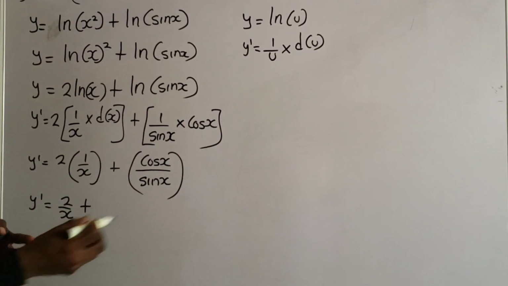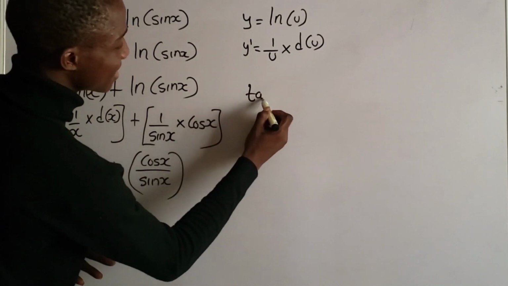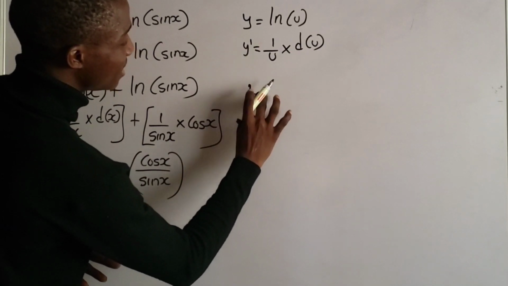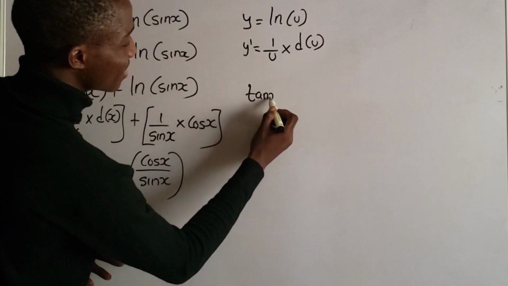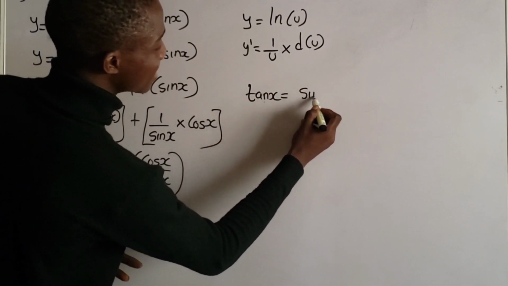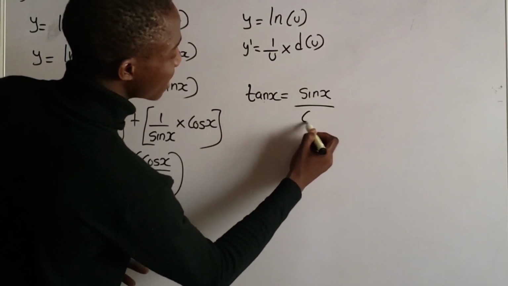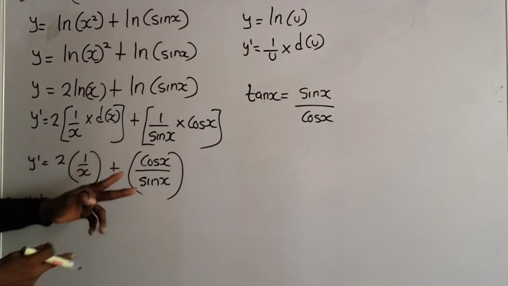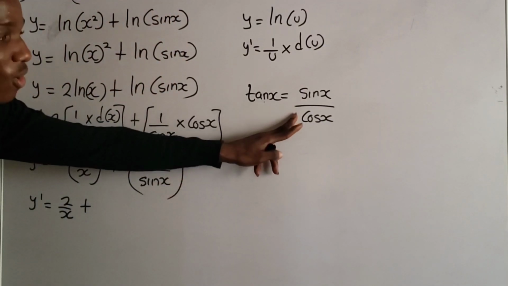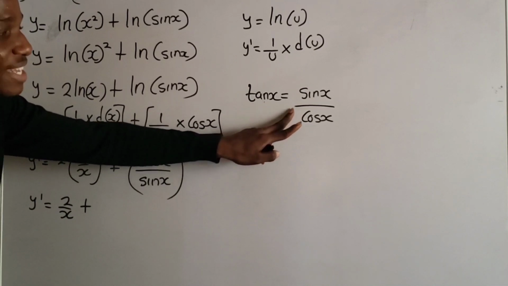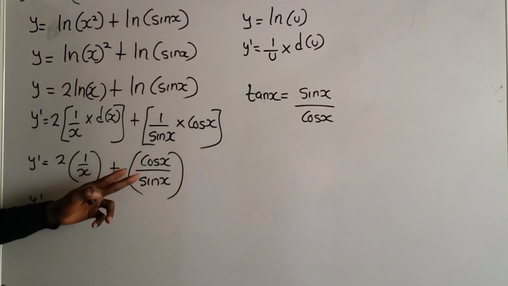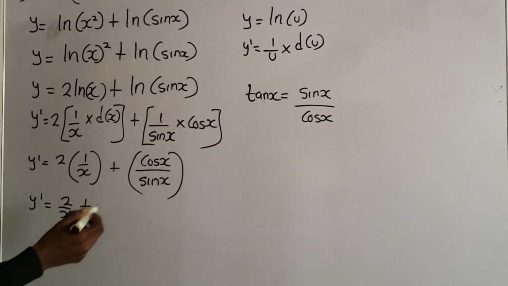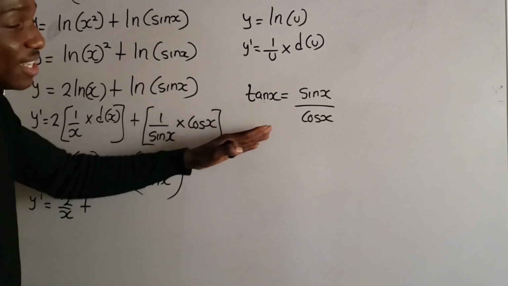Don't forget that from your basic trigonometry, tan x is sine x over cos x. So since I'm having cos x over sine x, the inverse of sine x over cos x is cos x over sine x, which is also the same thing as the inverse of tan x.